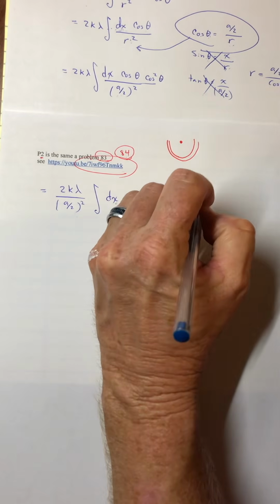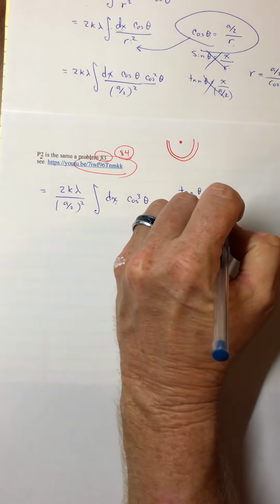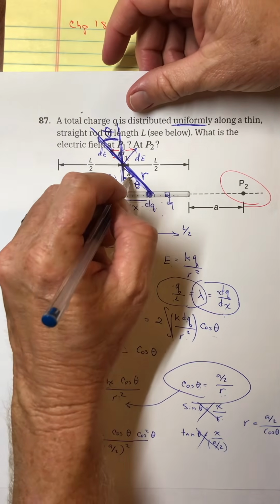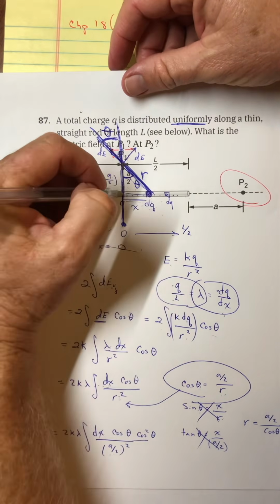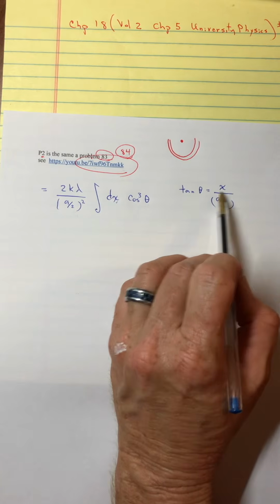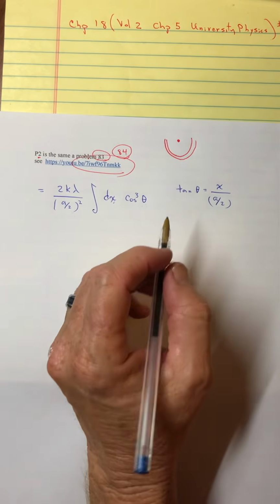So tangent of theta is equal to x over a over 2. So we better come back to the picture, but here's theta, and so the opposite is the x, and the adjacent is the a over 2. And so I picked, again, the tangent one because that's the one that has the x and the theta in it without introducing an r or anything.